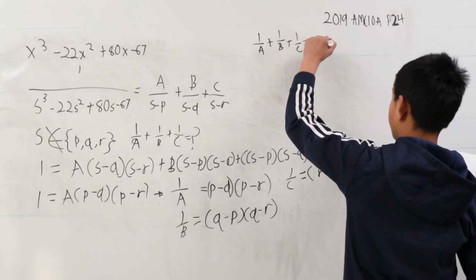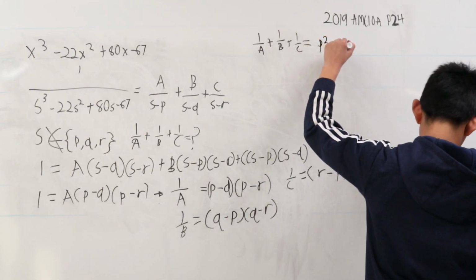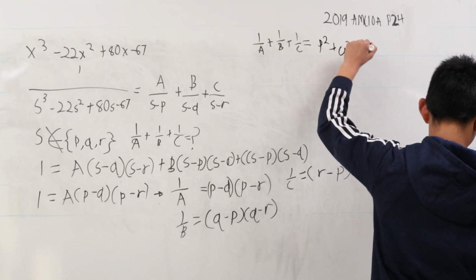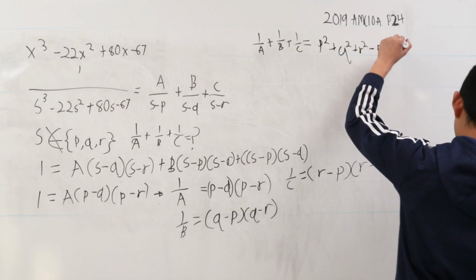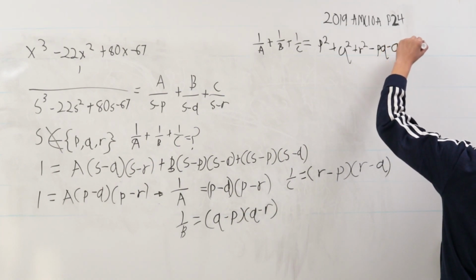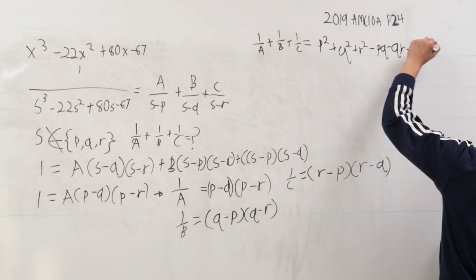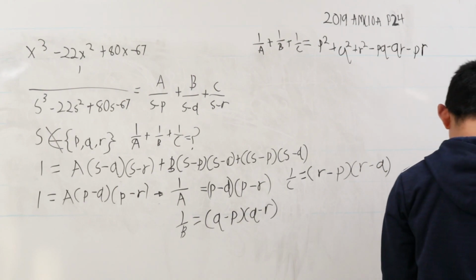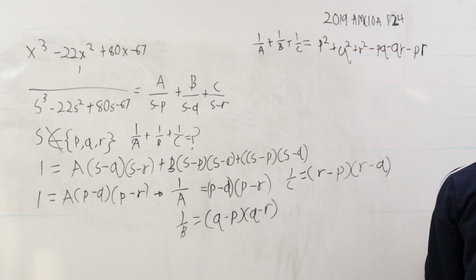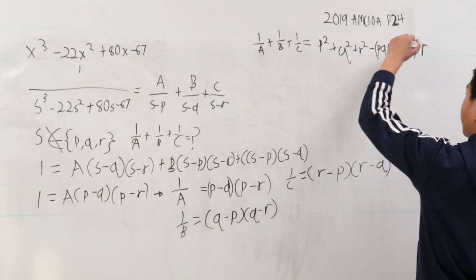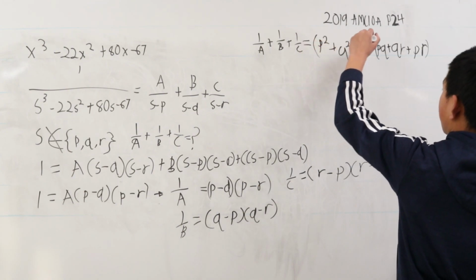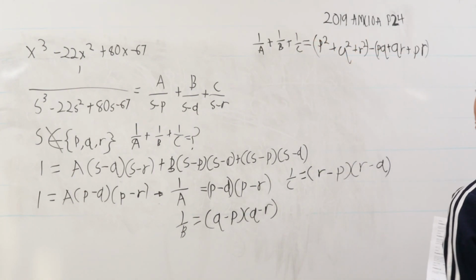This is going to be p squared plus q squared plus r squared minus pq minus qr minus pr. Once we've done that, we can organize it. We can put this part in parentheses and this part in parentheses.